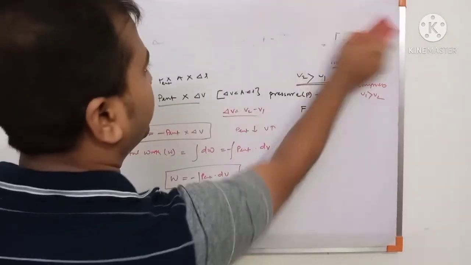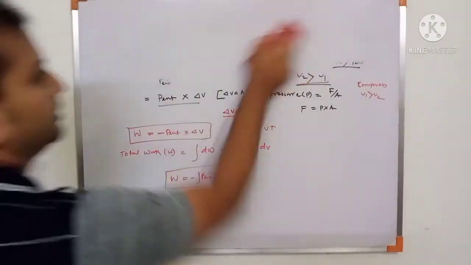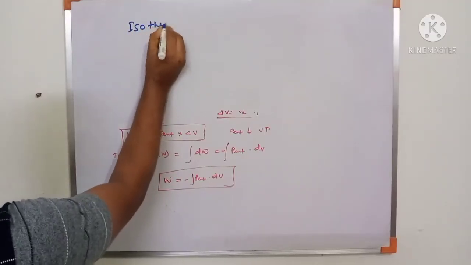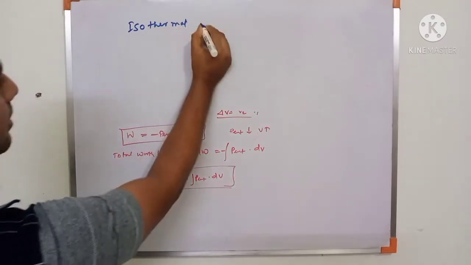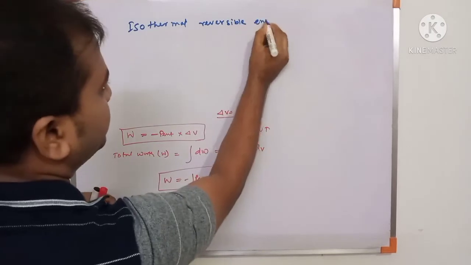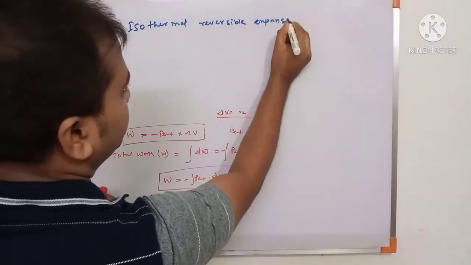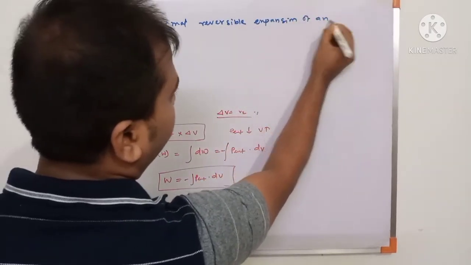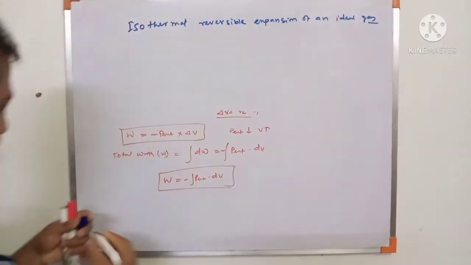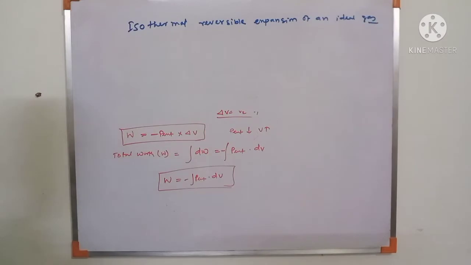Now case 1. In case of isothermal reversible expansion of an ideal gas, work calculation of an ideal gas.